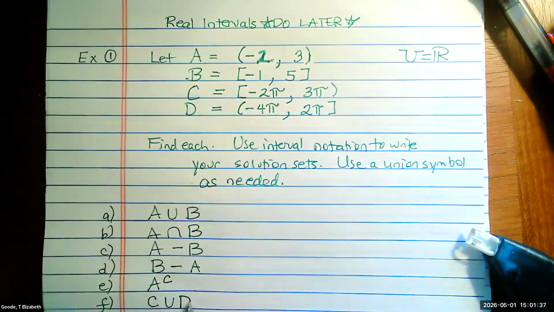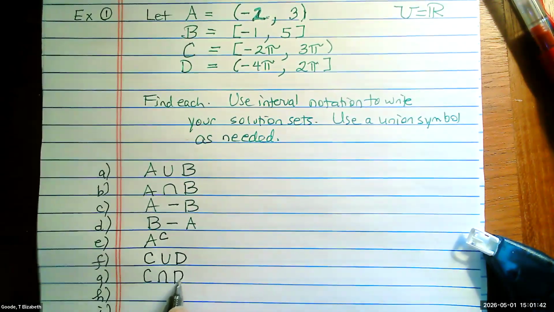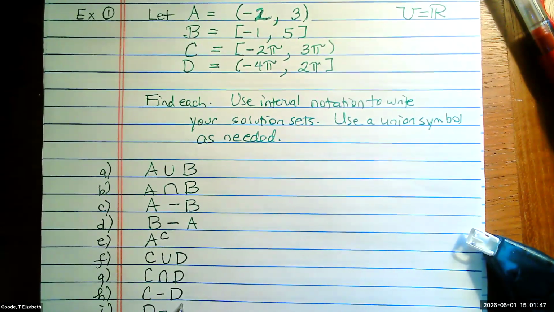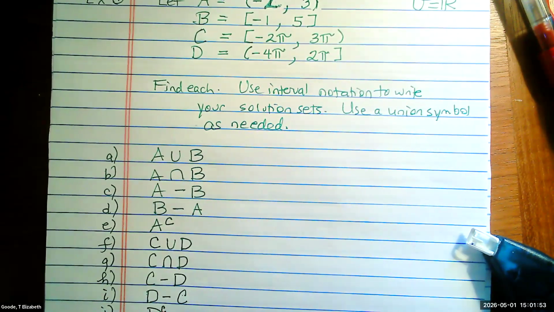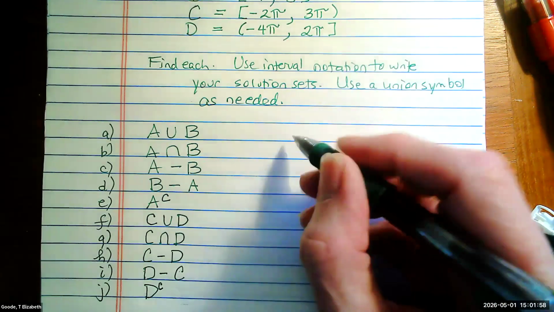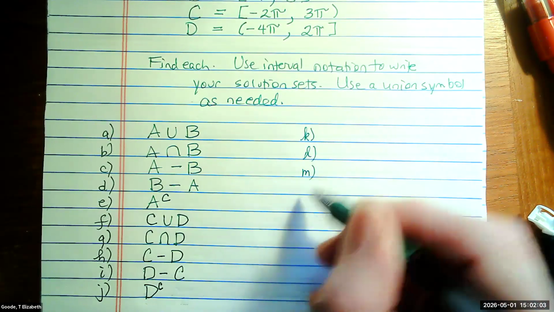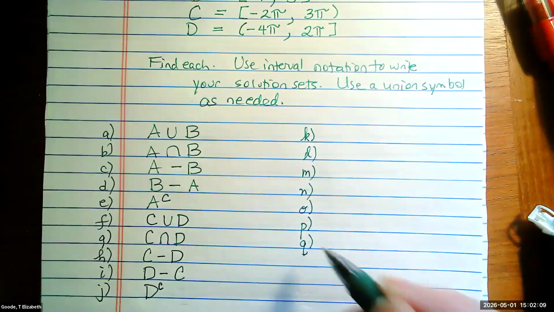And then C union D, C intersect D, C minus D, D minus C, and D complement. And if you want more, you can make up more. You can just make up as many problems as you feel like doing, right?